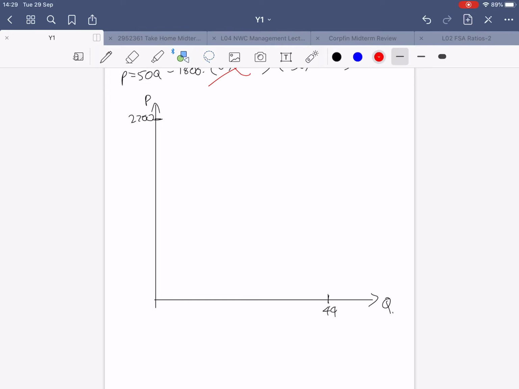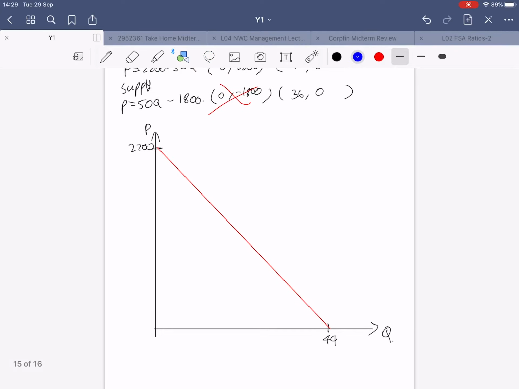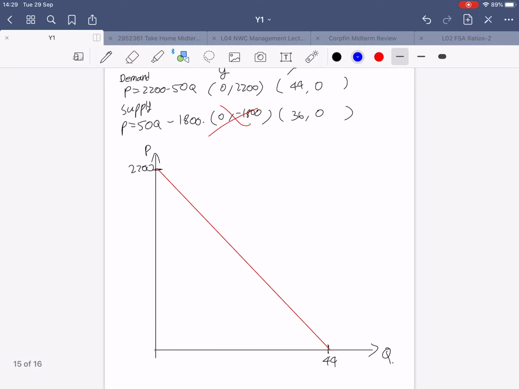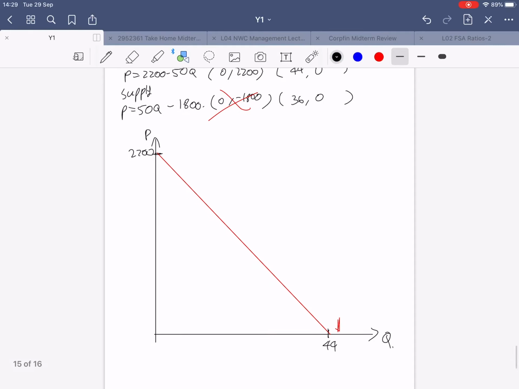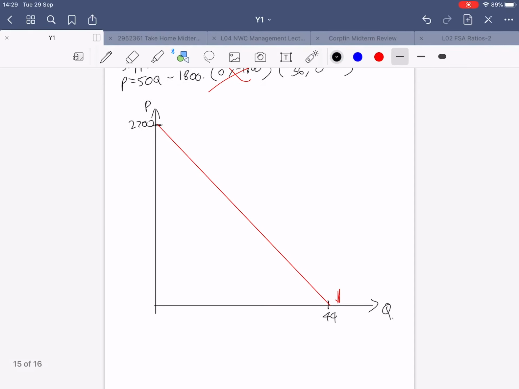So connect these two points, and I'm going to use blue color to draw the supply curve. Using the x-axis, 36, I guess it is going to be somewhere here. So the supply curve is going to be like this.